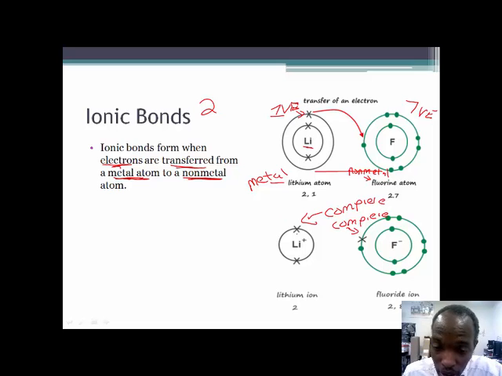And because lithium lost an electron, it became positive, and because fluorine gained an electron, it became negative. You now have that attraction for lithium fluoride.